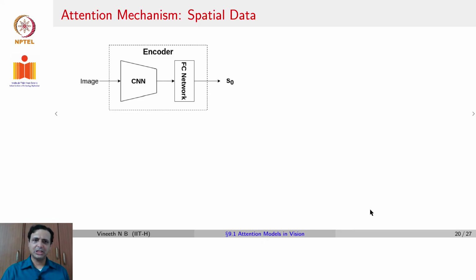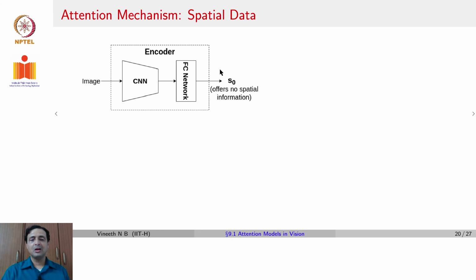What about spatial data? So we saw how it is done for temporal data, where you had a sequence to sequence RNN, a many to many RNN. What if you had an image captioning task? If you had spatial data. So in this case, your image would give you a certain representation S0 out of the encoder network.